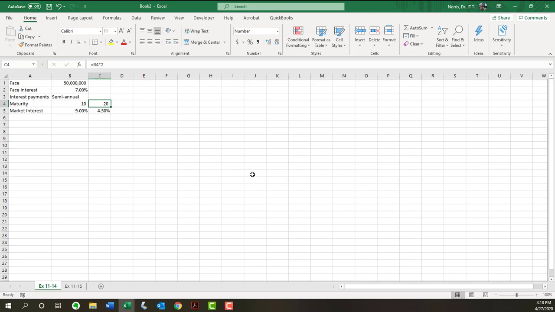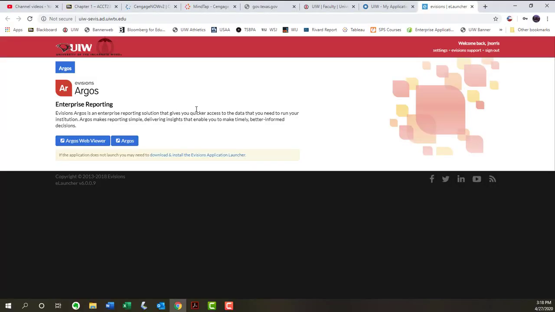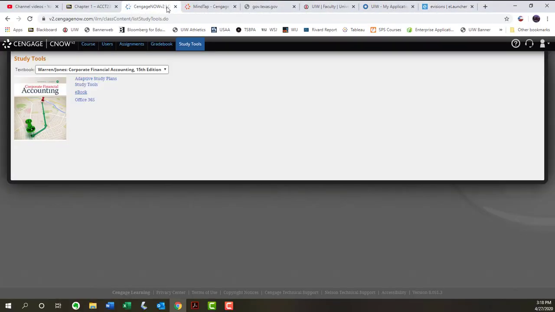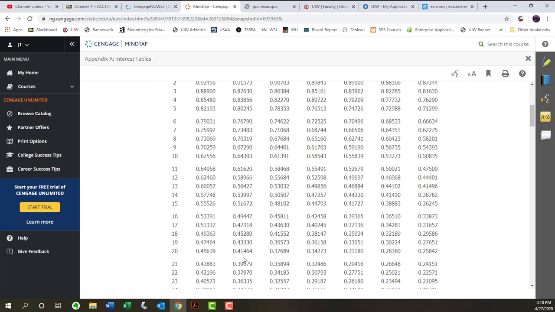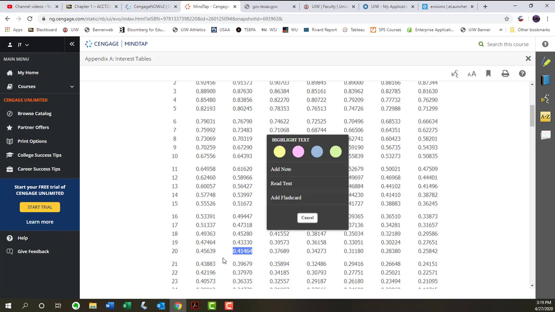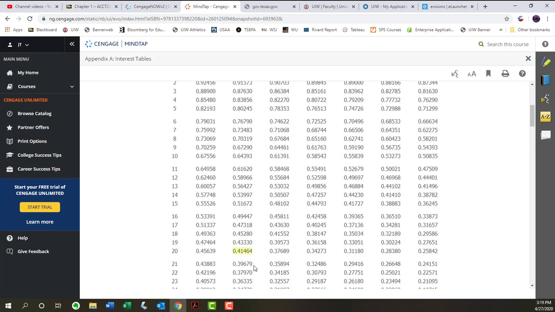Looking at the back of your book, we're going to look up a factor of 4.5% for a period of 20. In this column here, 4.5% for 20 periods, we're going to get a factor of 0.41464.